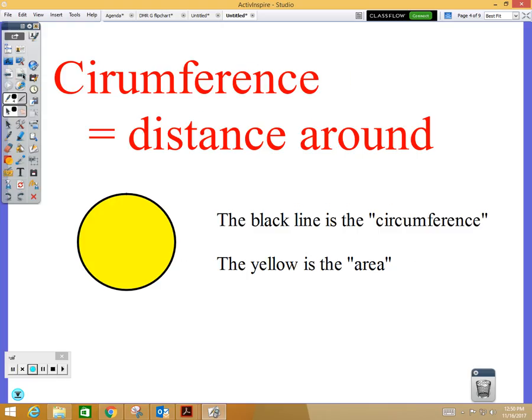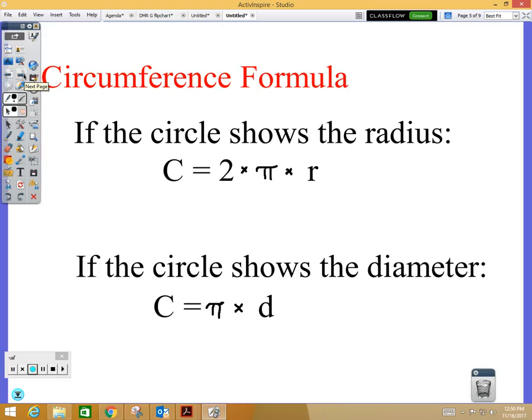Okay? And the formulas that you're going to use, we wrote those down yesterday, hopefully. But if the circle shows the radius, then you can use this formula. If the circle shows the diameter, then you can use this formula. And we talked yesterday that it does mean the same thing, because 2 radii equal 1 diameter, 2 times the radius is a diameter.